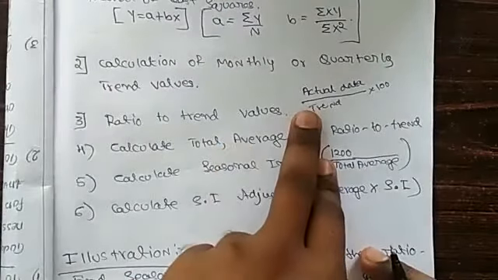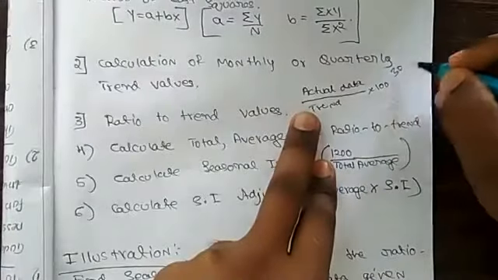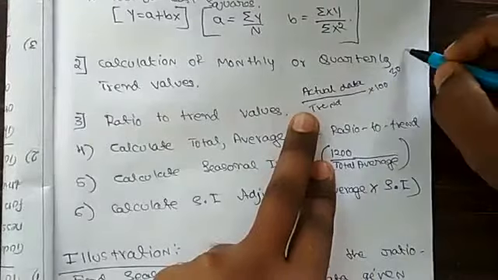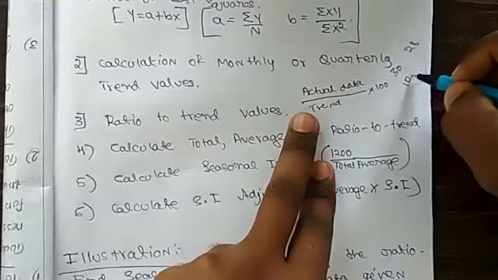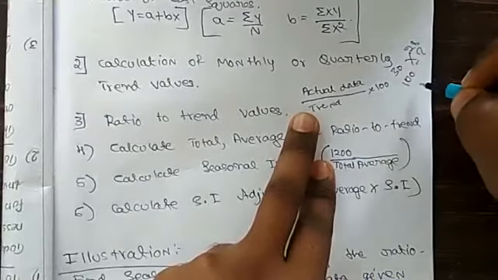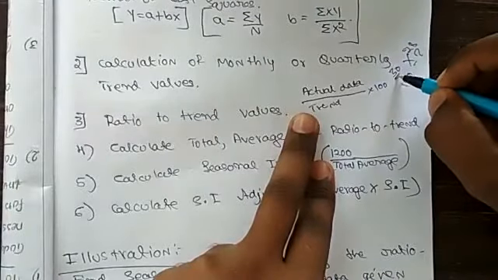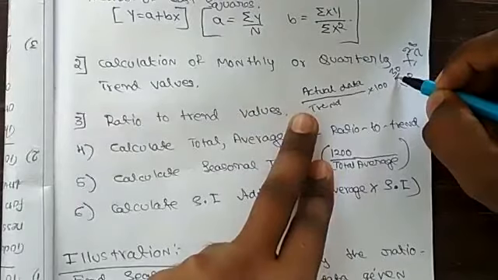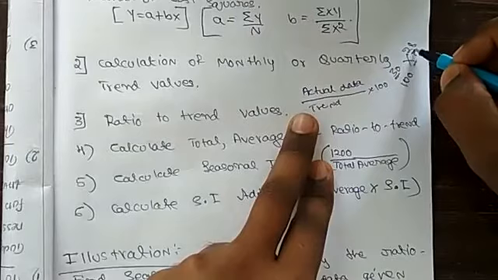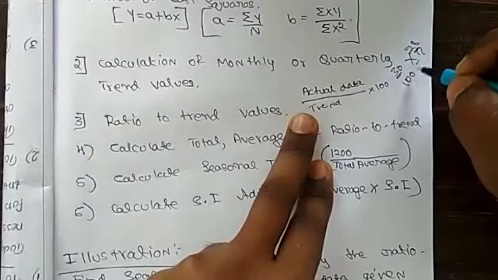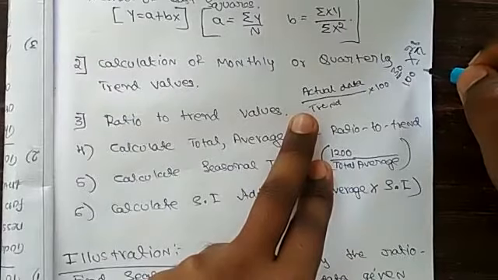So if the actual data is 30 and the respective trend value is 28, for 100 how much? We are calculating to the 100 percentage. For example, the first quarter of 2008 is 30, and the trend value for the first quarter of 2008 is 28. Then what is the ratio to trend value?